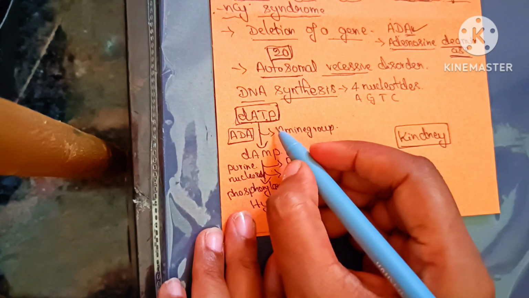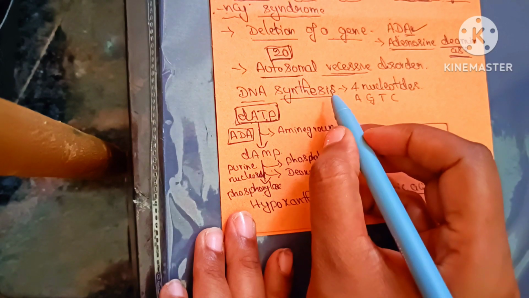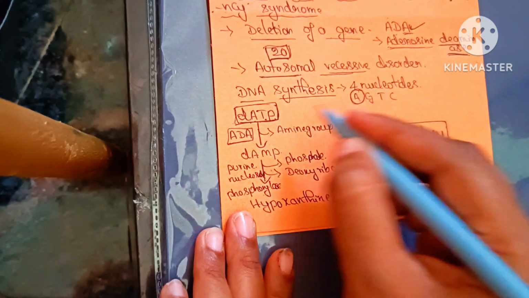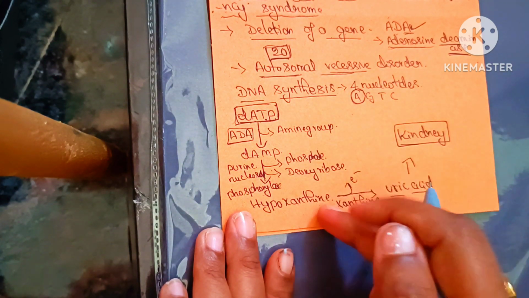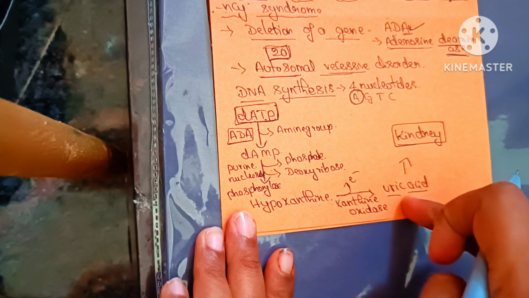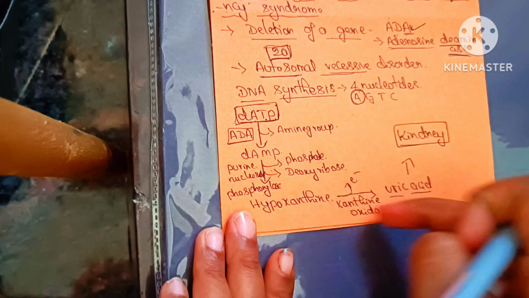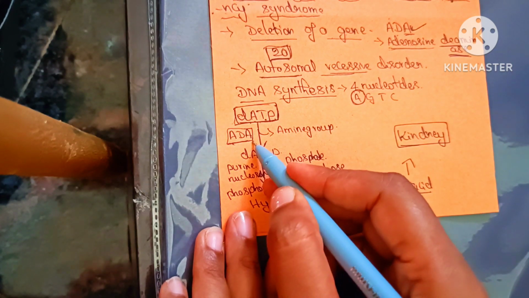Which means if a normal amount is present, it is utilized for synthesis of DNA. If an excess amount of adenosine is present in the body, it should be metabolized and removed as excretory waste through the kidney. For its metabolism, there is a requirement of adenosine deaminase.